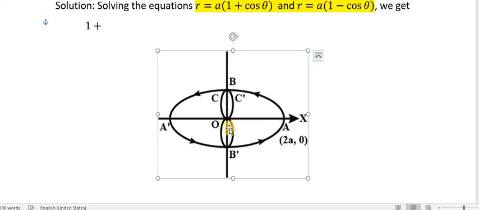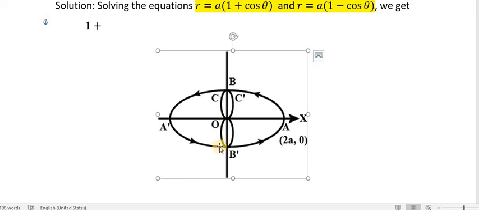This is symmetrical about the x-axis, and also symmetrical about the y-axis. Now if you calculate the area bounded by this curve in the first quadrant and multiply it by 4, it will give us the complete area of this shaded portion. So the common portion for both the cardioids is this area.